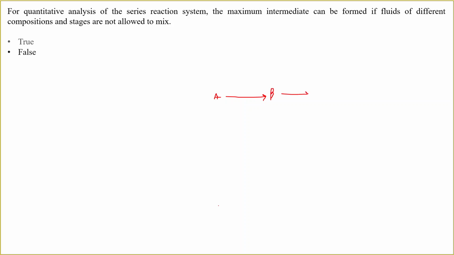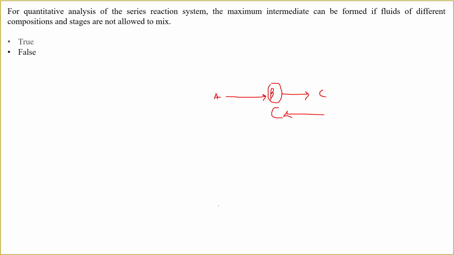That will give us example A forming B and giving C. So if the flow streams of A, B, and C all are mixing together, the formation of B will be hindered because of the collision theory, as we already know. If the particles of C are going to collide with A, the interparticle collision of A itself is going to be very less to form B. So that's why it will be desirable if we don't let any of these streams mix together.